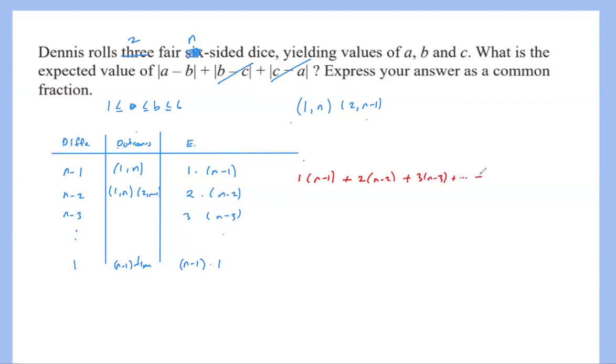You will keep doing this all the way to the last one, which is n minus 1 times 1. We may try adding these in a way that we can combine together: 1n, 2n, 3n all the way to n, and then minus 1, minus 4 and so on. You can try adding those as well, but I just want to make a nice identity, so I'm going to write it in a way that creates that identity.